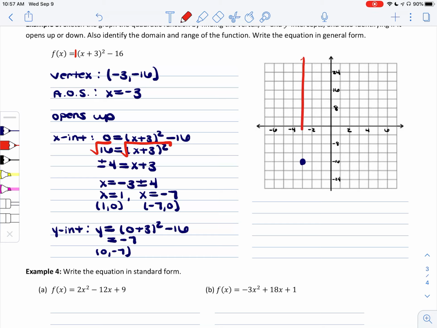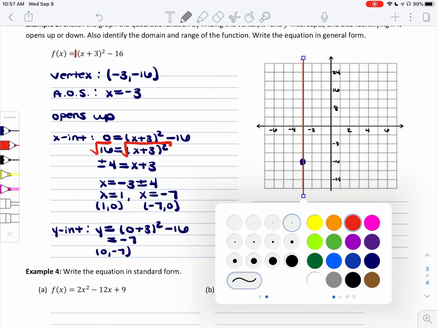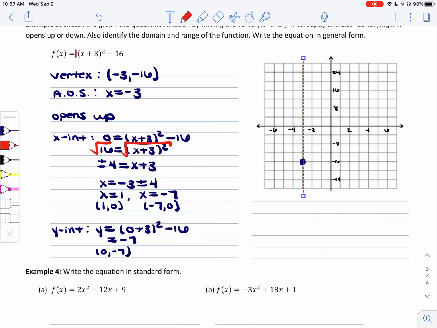I have my axis of symmetry passing through that vertex at x equals -3. All right, and then we have our x-intercepts at (-7, 0) and (1, 0).